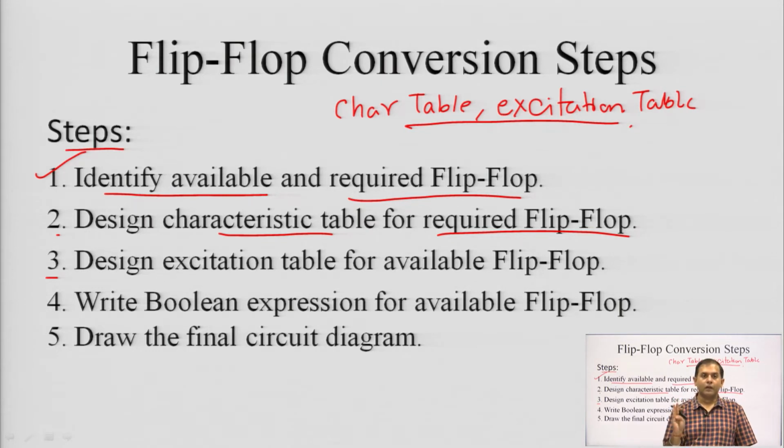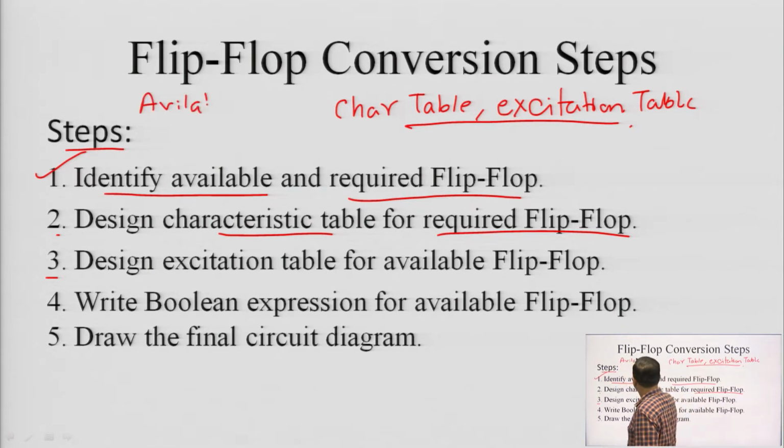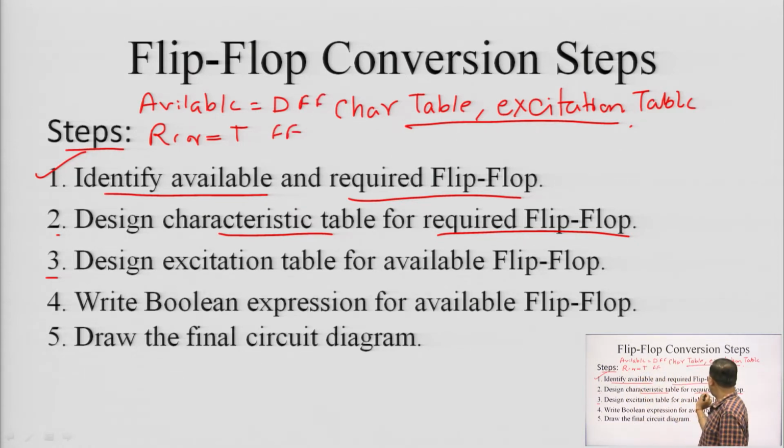Clear? Our available flip flop is D and required is T flip flop. So, we will make the characteristic table of T flip flop and the excitation table of D flip flop.